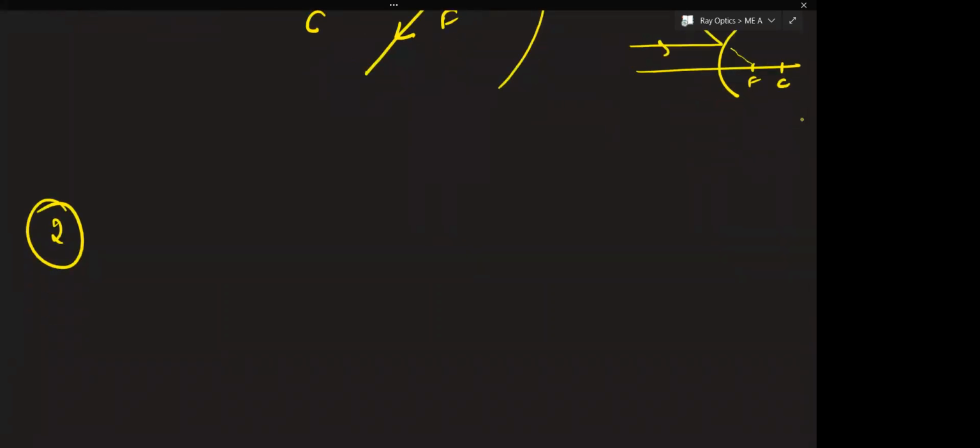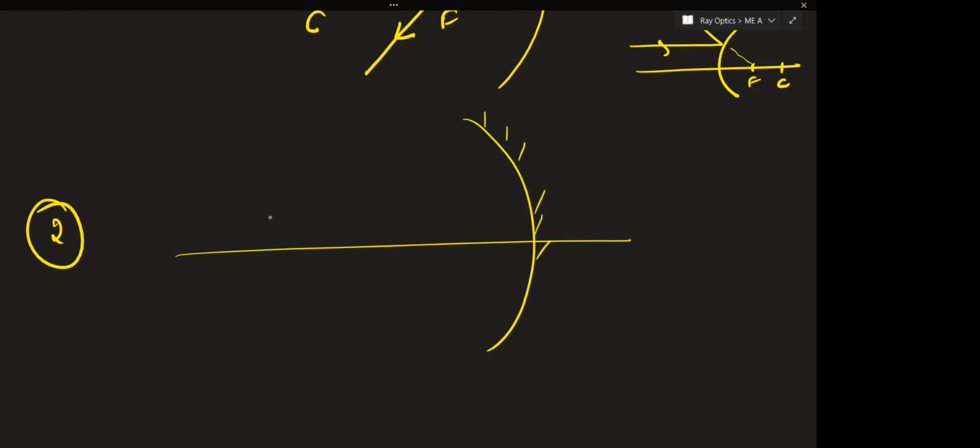What had happened here? Parallel ray came, it passed through the focus. This is your mirror, this is focus, this is center of curvature. If a light ray is moving from the focus, this will move parallel like this.